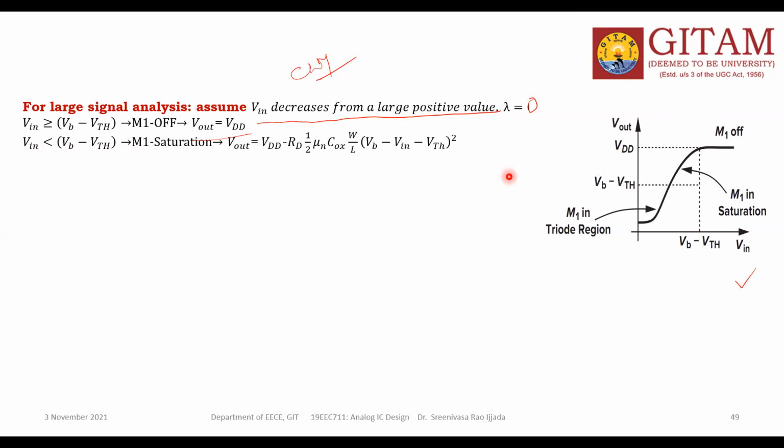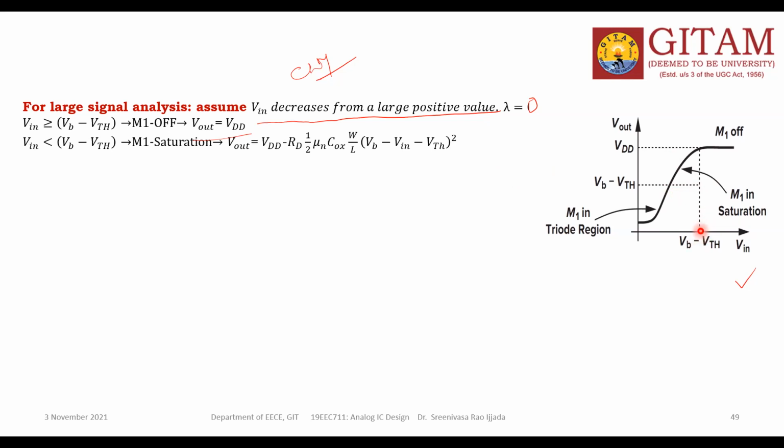Some amount of drop is established across RD, so your output voltage is not VDD now. It is lower than VDD. How much lower, we want to find.